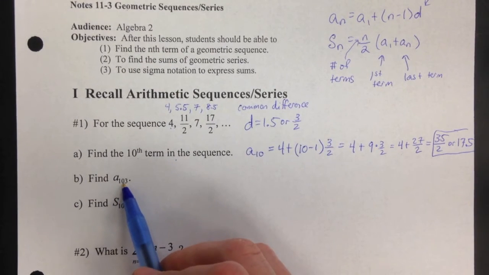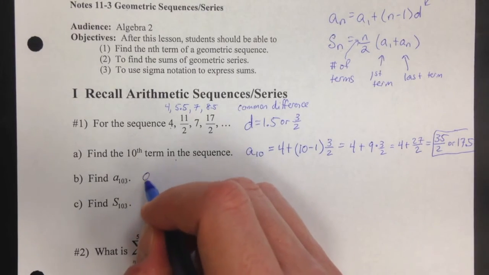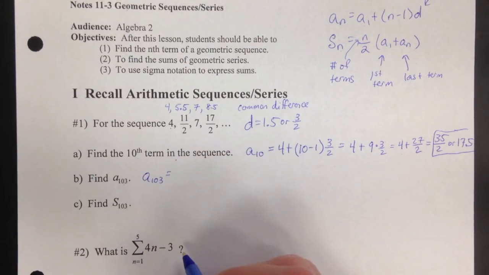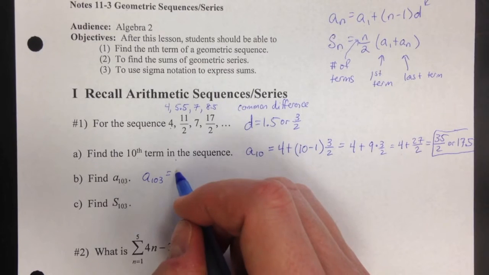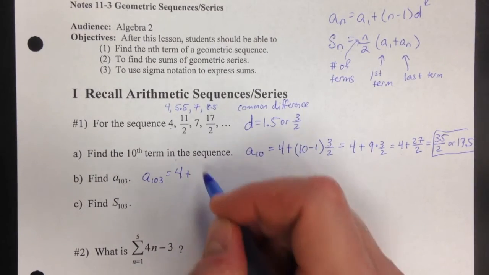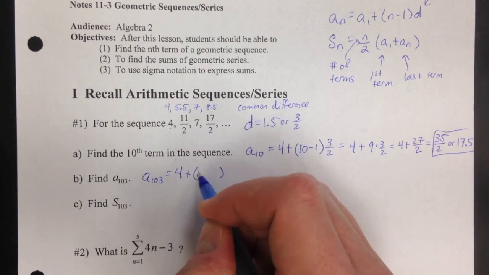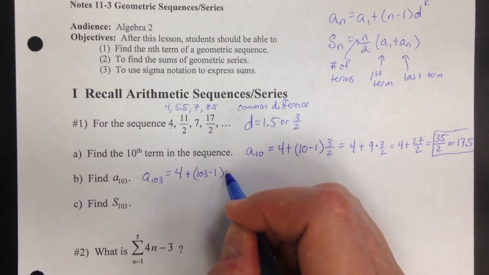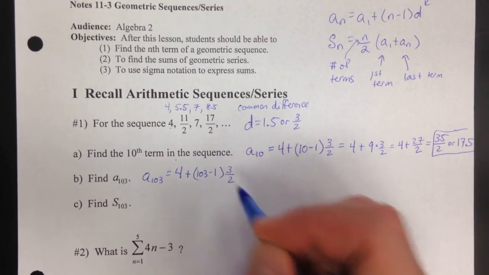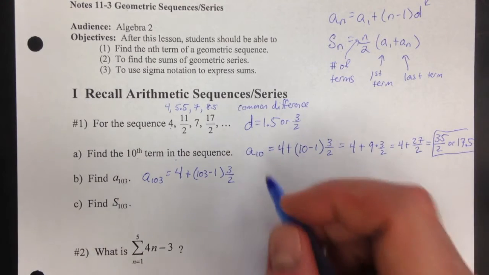Find a sub 103, the 103rd term. So a sub 103 equals the first term, 4, plus 103 minus 1, times the difference, which is 3 halves. Again, we'll simplify.